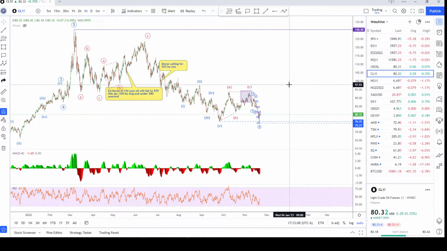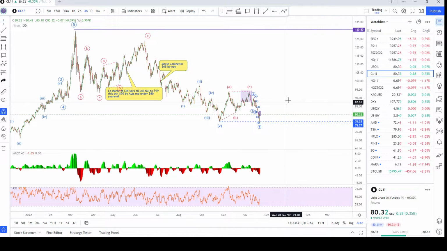And that'll be 4, and then 3 waves down for 5. And then that would complete just the A wave. And then it would correct back up, and then B and C is still to come. So right now, it looks like it could be a diagonal.